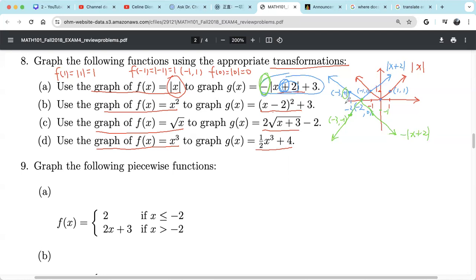So if x is -3, -3 plus 2 is -1, absolute value of -1 is 1. But we have this negative sign outside, so we get -1. So we get the -3, -1 point. And what about this point? This point is -1, -1. Same thing. If x equals -1, -1 plus 2 is 1, absolute value of 1 is still 1, then we have this negative, so we get -1, -1.